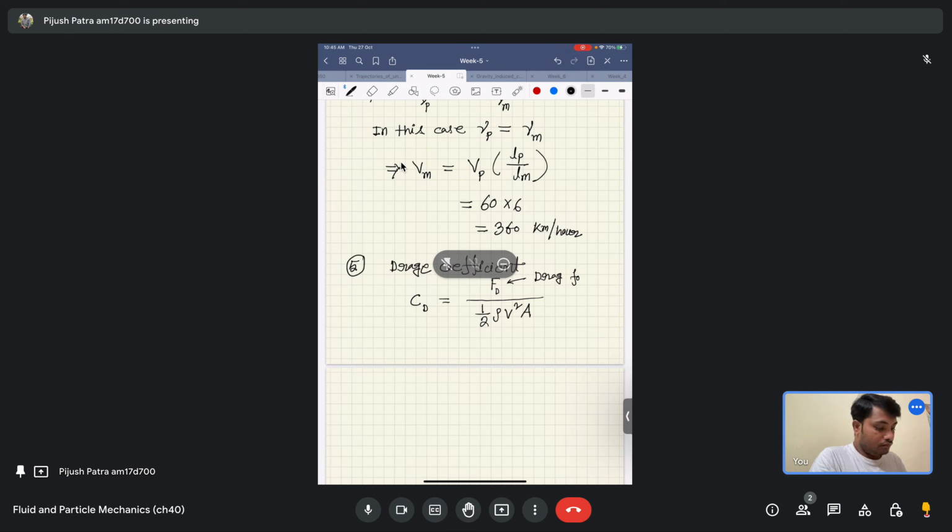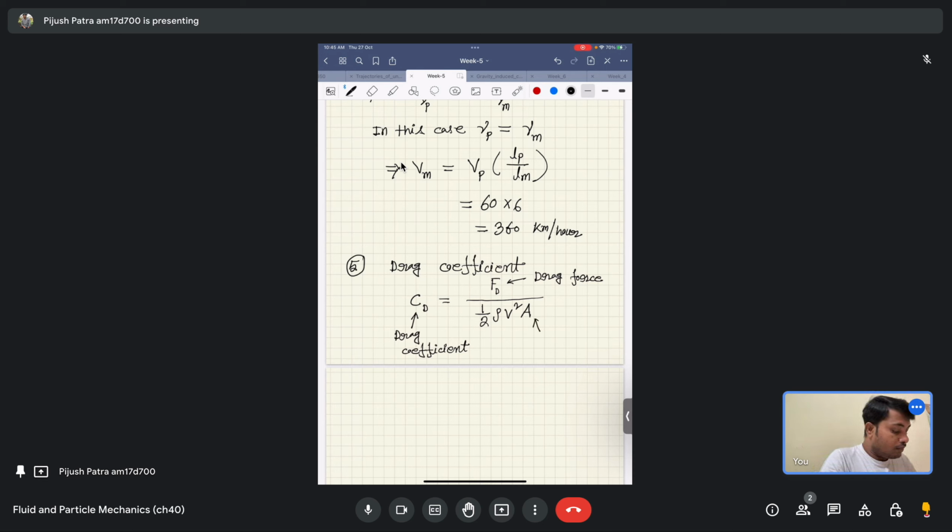So this is the drag force, this is my drag coefficient, okay.